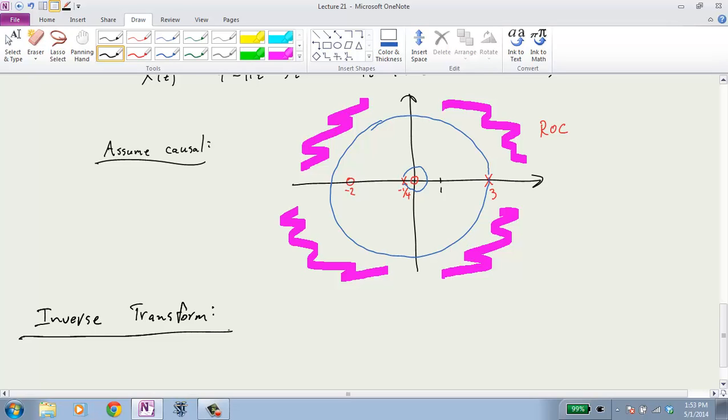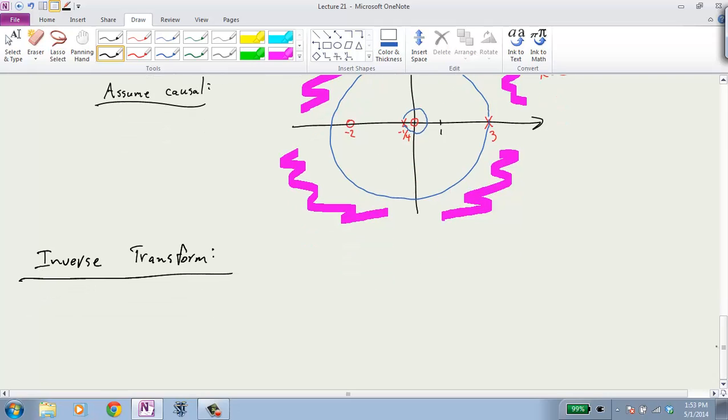The technique will be partial fraction expansion. And all that means is we have these rational functions, and we want to turn them into sums of single pole fractions.